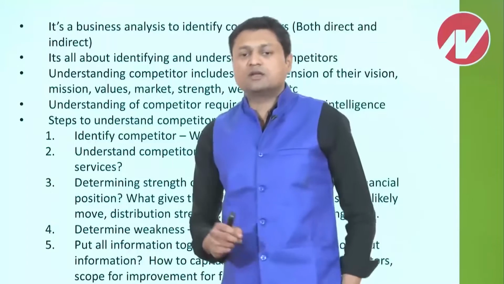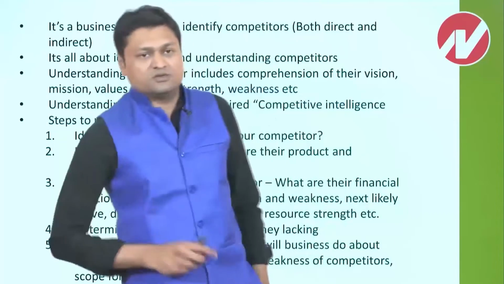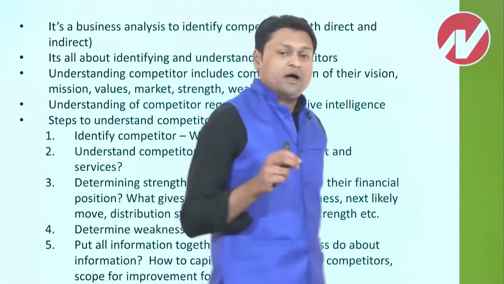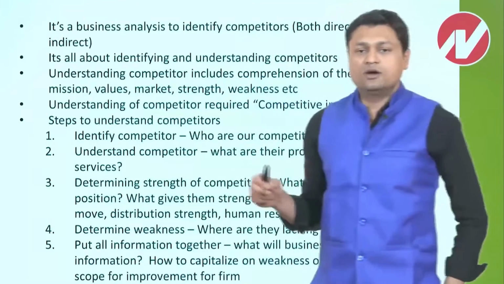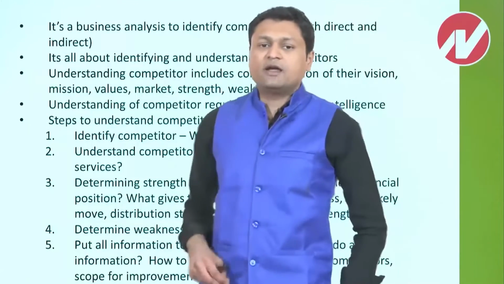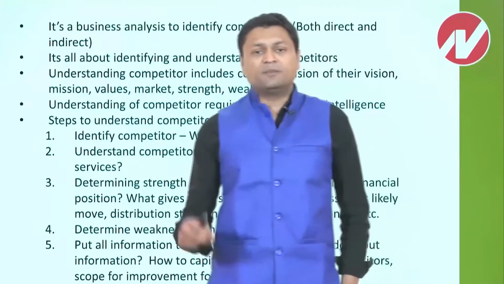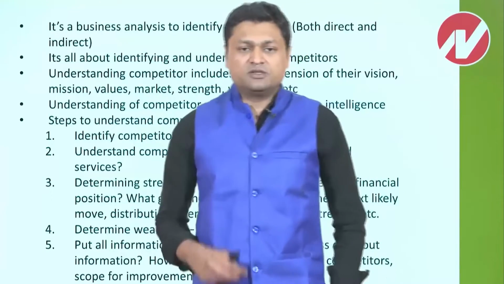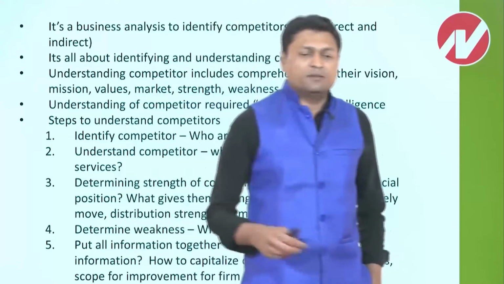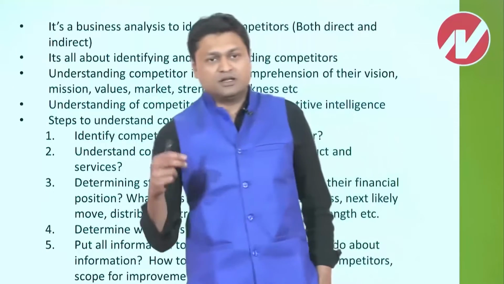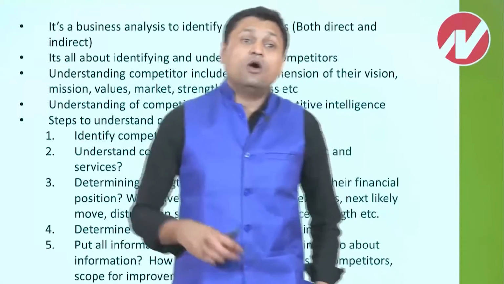So if there is a question on competitive landscape, first you need to write that you need to identify and understand the competitor. Identify competitor means both direct and indirect competitors. And understand competitor means understanding their vision, mission, objective, competitiveness, core competency, competitive advantage, and all these things.